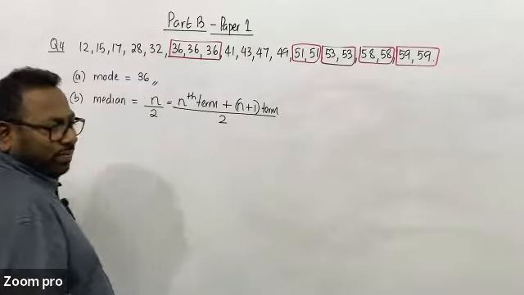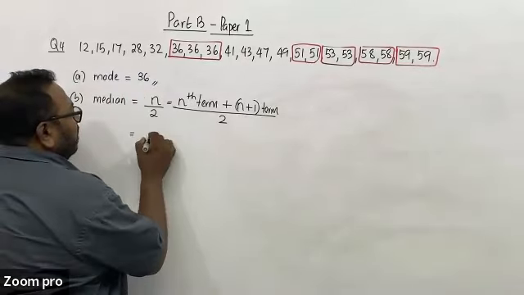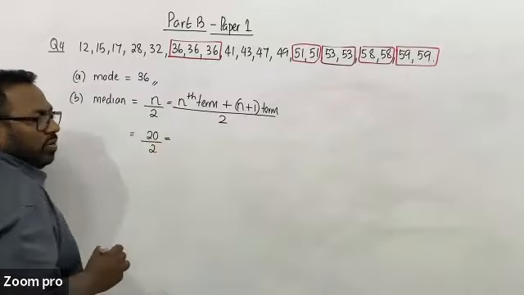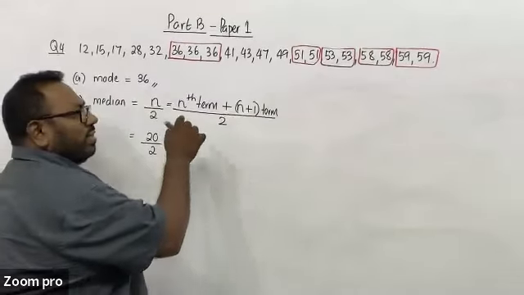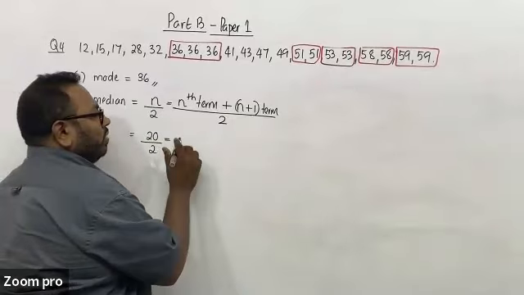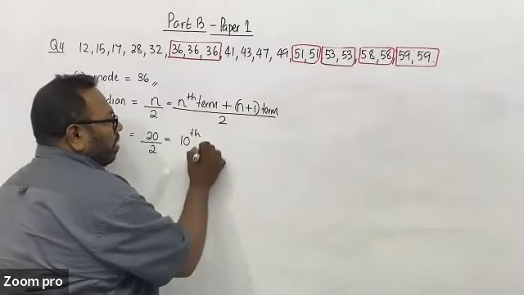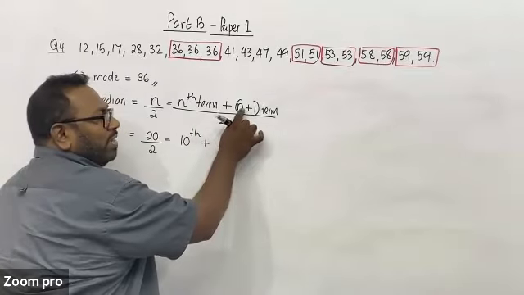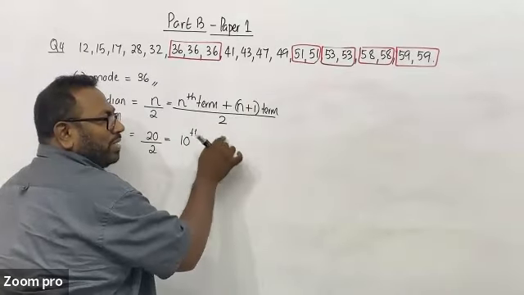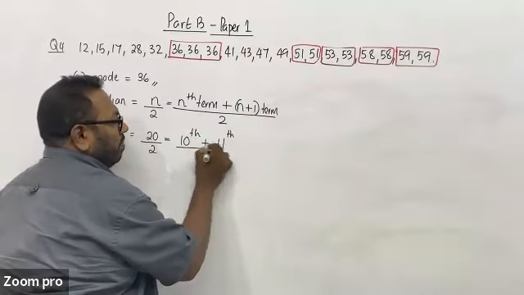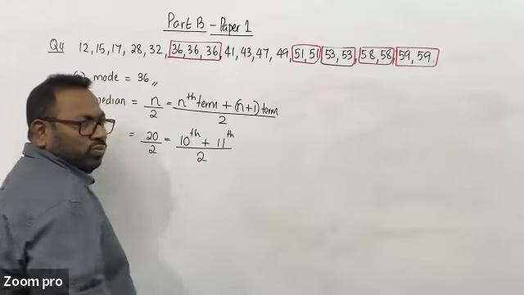You have 20. So n is 20, divided by 2, your nth term is the 10th term, plus your n plus 1, which means your 11th term, divided by 2.